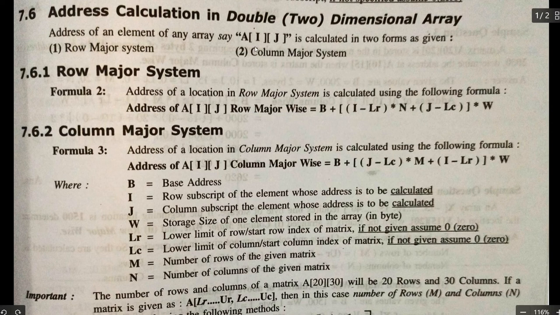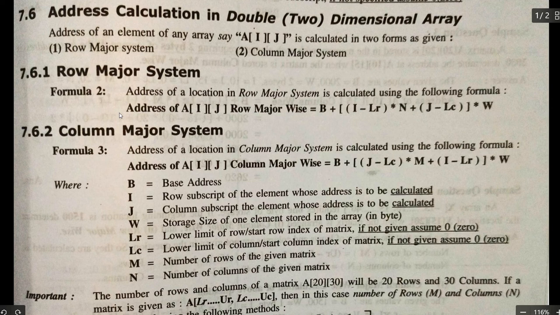Address of an element, for example, in two-dimensional array Aij, is calculated in two forms. In two ways we can calculate the address. First is the row major system and second is the column major system. So we have to learn a formula. What is this formula?